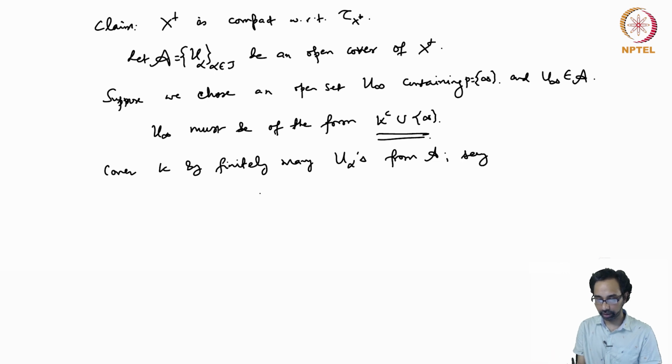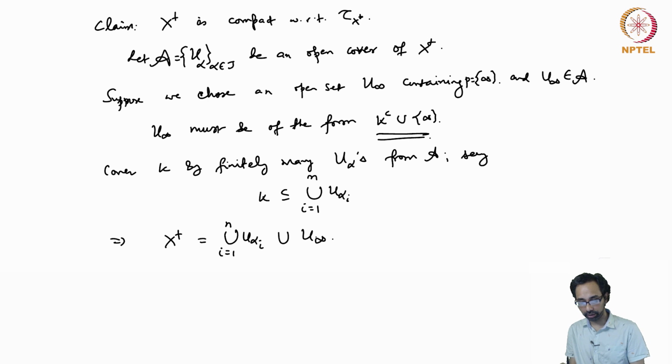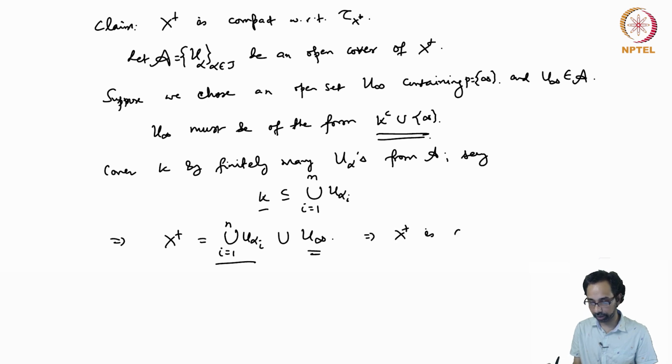Say K is a subset of the union of U alpha i, i equal to 1 to n. Then X plus is covered by the union of U alpha i, i equal to 1 to n, together with U infinity, because U infinity covers K complement union infinity, and the finite union covers K. So both K and K complement as well as the point at infinity are covered. This implies that X plus is compact.